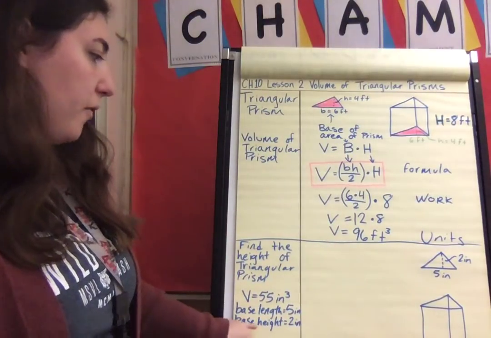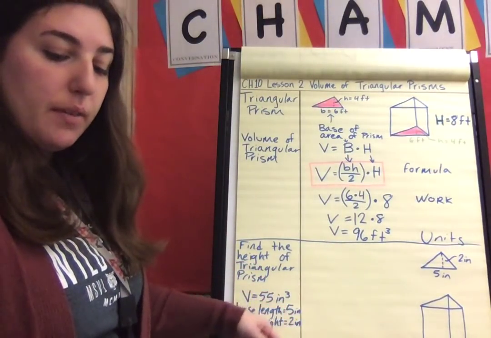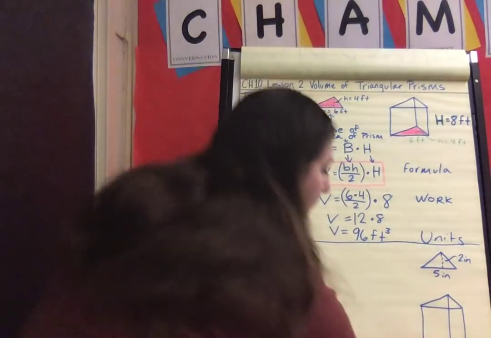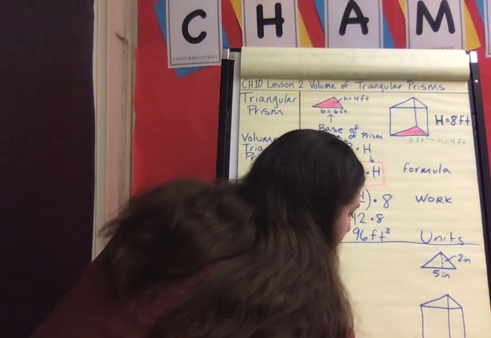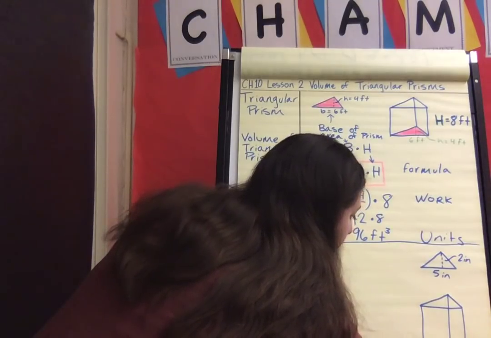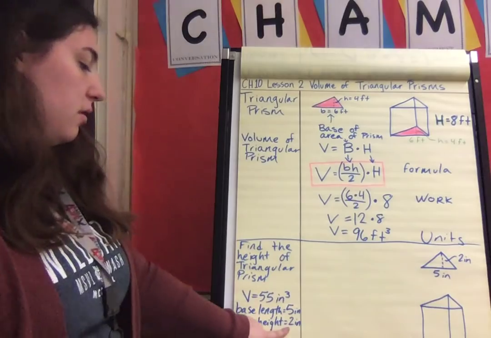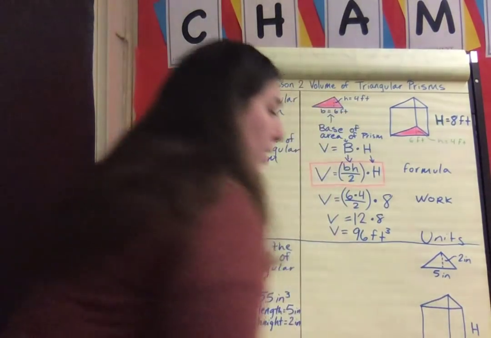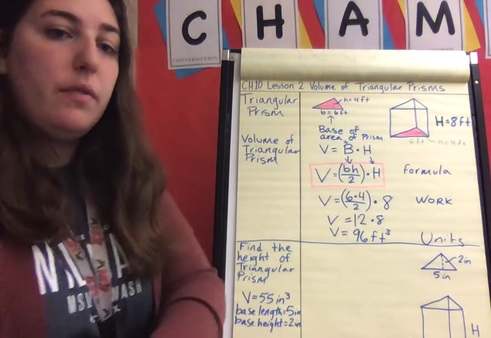Okay, so I have an overall volume of 55 inches cubed. I have a base length of 5 inches. I have a base height of 2 inches. And now I'm looking for my overall triangular prism height. That's what I'm looking to find.